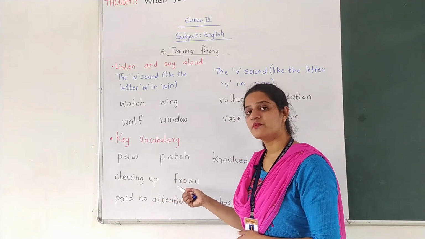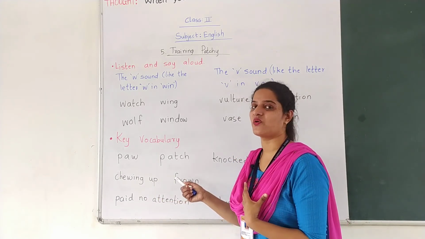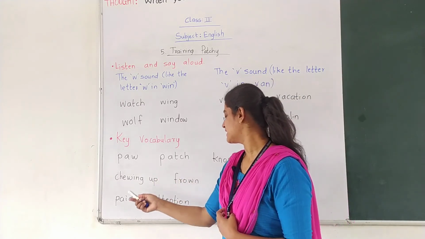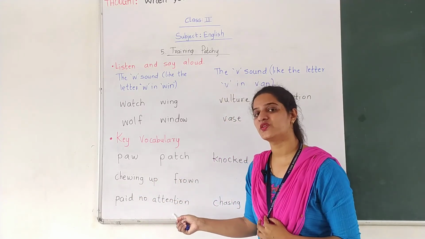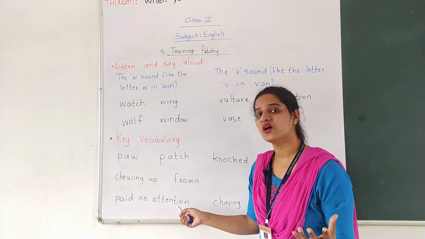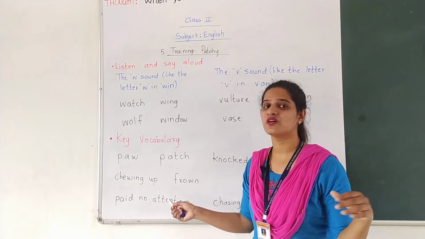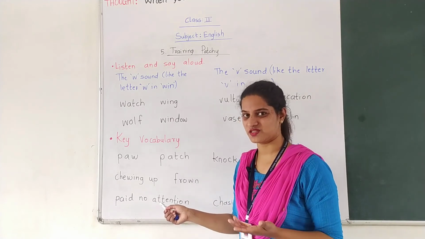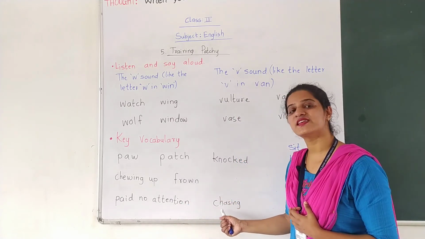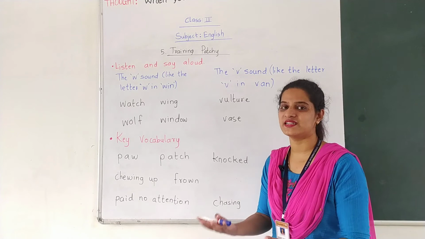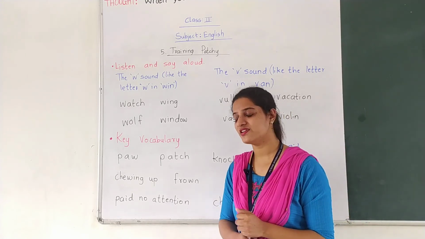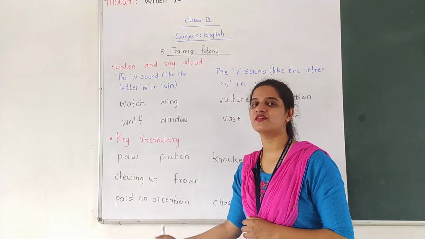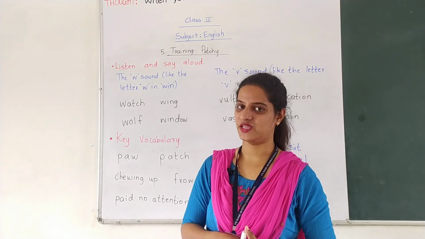Then frown means to show that you are sad or upset. Okay. Next, paid no attention. Paid no attention means to refuse to show someone that you are listening to him. Means to give no response, in short. Next is chasing. Chasing means to run behind something. Okay, my dear children. So these are the key vocabulary words that we saw today.